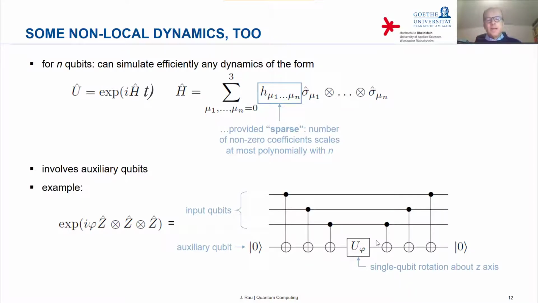And then to the right of that, you have a series of C-NOTs which undo the initial coupling to the qubits. The claim is that the output state of the qubits of interest is the input state evolved with this exponential that I've written on the left hand side.